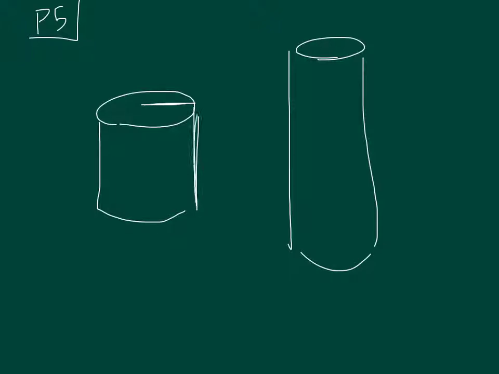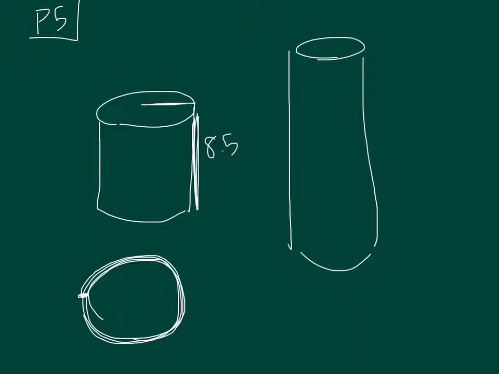Well, we know the height, because if you do that on the short side, the height should be 8.5. And once you find that, what will be the circle? Here's another hint. We know that the circumference of this circle for the short one should be 11 inches, because we're using 8.5 by 11 inch paper.